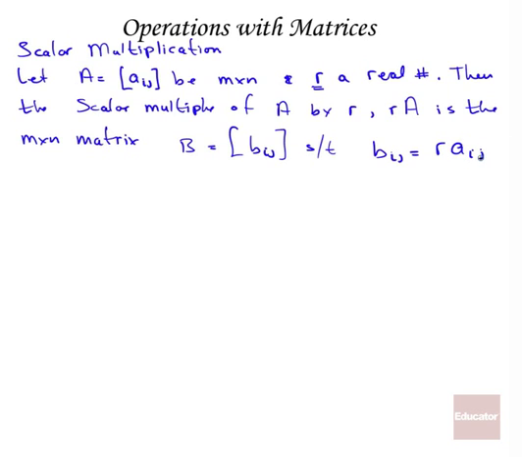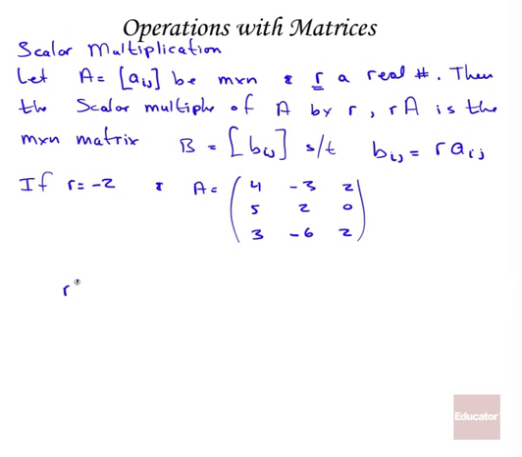In other words, all we're doing is we're taking a matrix, and if I multiply by the number 5, I multiply every entry in that matrix by 5. Okay, so let's say R is equal to -2 and A is the matrix with rows 4, -3, 2, then 5, 2, 0, then 3, -6, 2. Let's go ahead and put those.